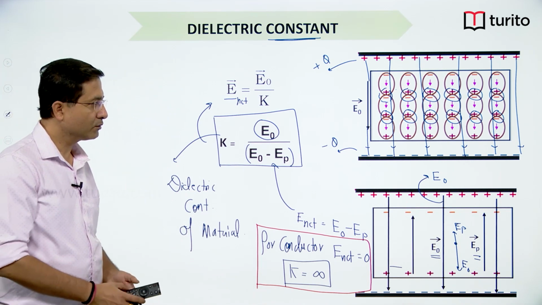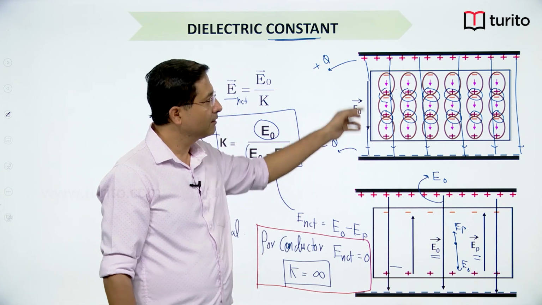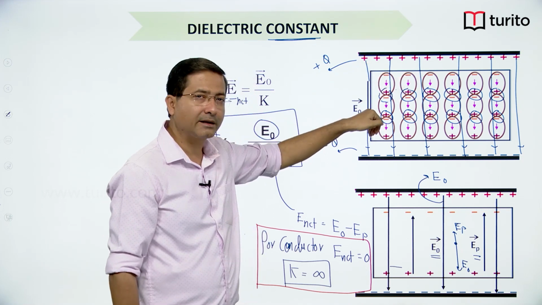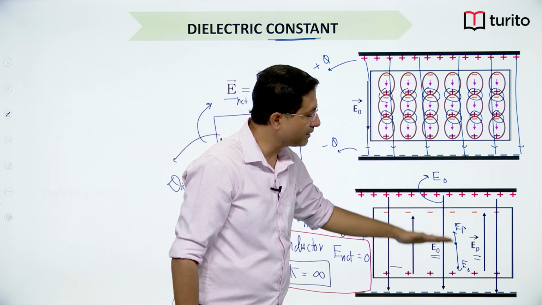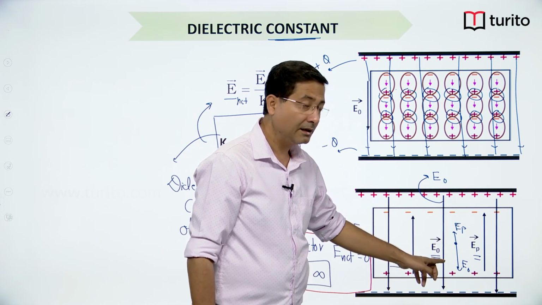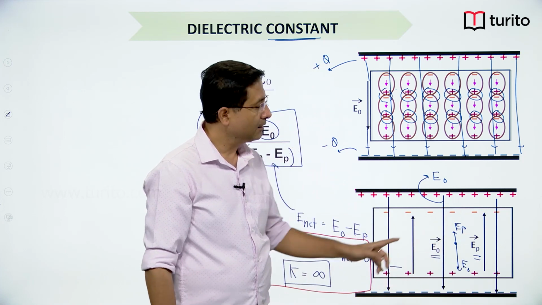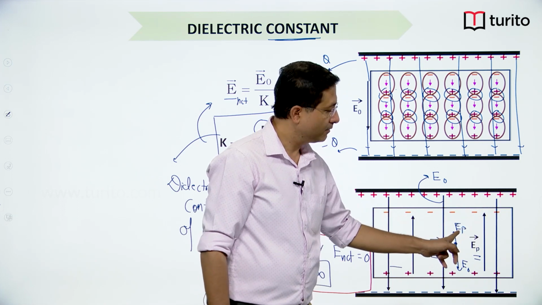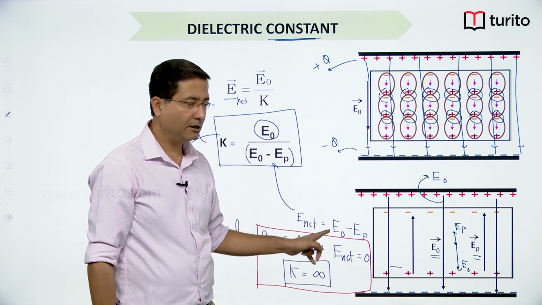So, when a dielectric material is subjected to an external field, its dipoles try to align themselves along the direction of the field. In the process, the charges appearing on the surface produce an extra field inside, which is given by EP in the diagram. So, the net field will be this external field minus this one which got developed, E naught minus EP.